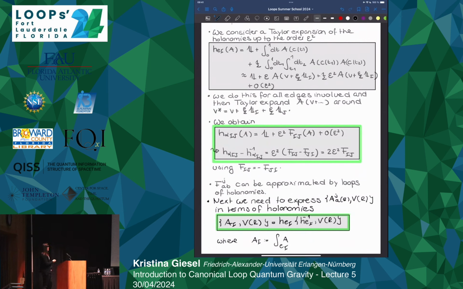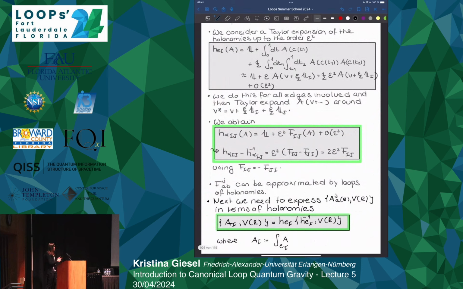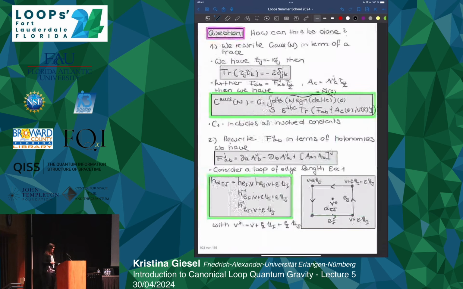And we do this up to second order. And you do this not only for the i direction, but for any holonomy which is involved in this loop. They start at different vertices, and then you consider their composition. And if you do that, you basically afterwards Taylor expand the result of all four holonomies around the center point here, V star.